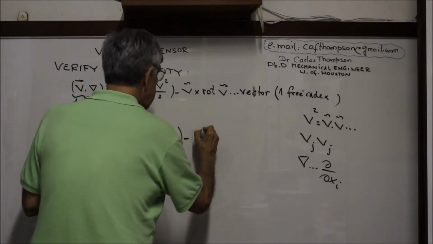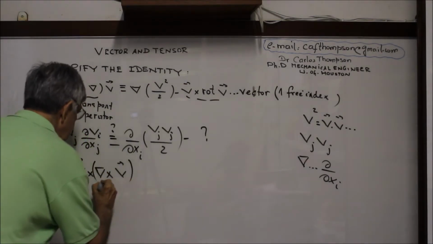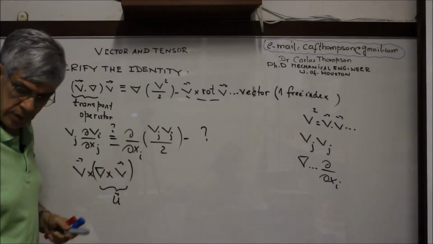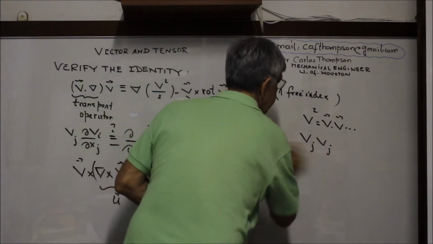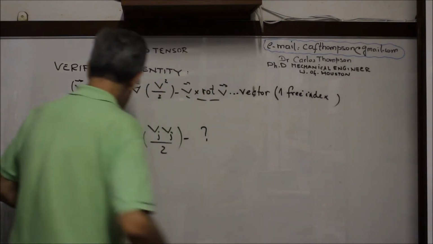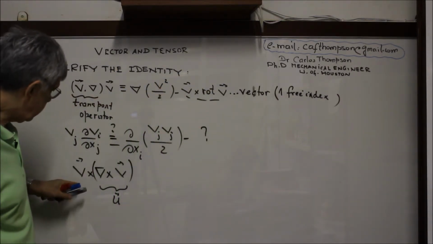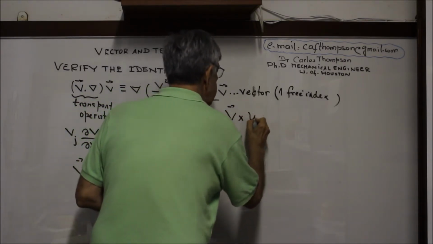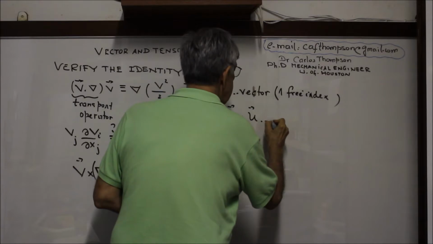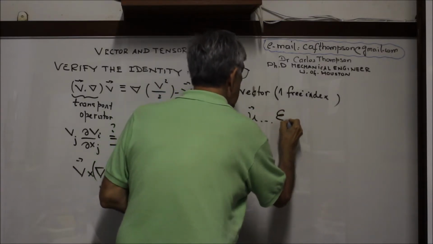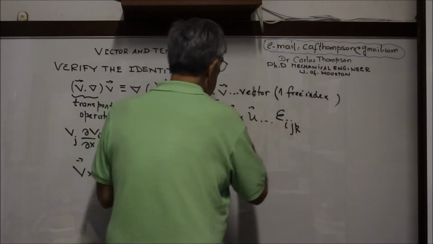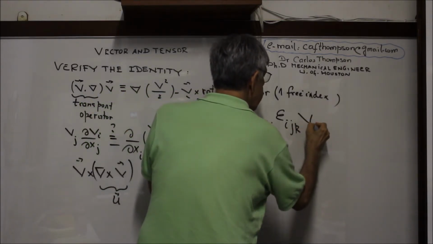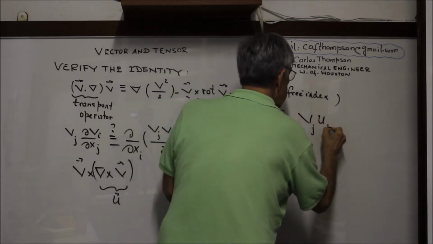Now let's develop this term over here. Let's call this U, okay? And then I will develop right here. Now you see V cross V cross U. This is epsilon ijk. Now V, you see, V comes first, so this will be Vj and Uk.